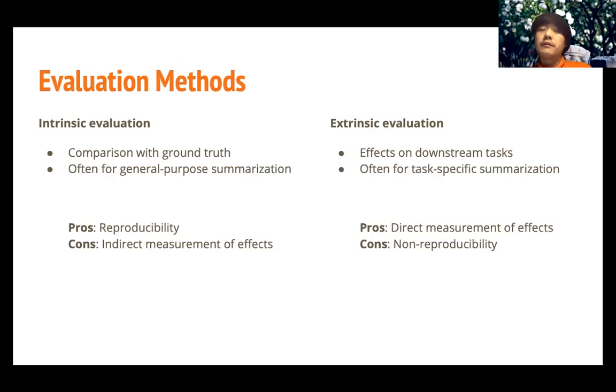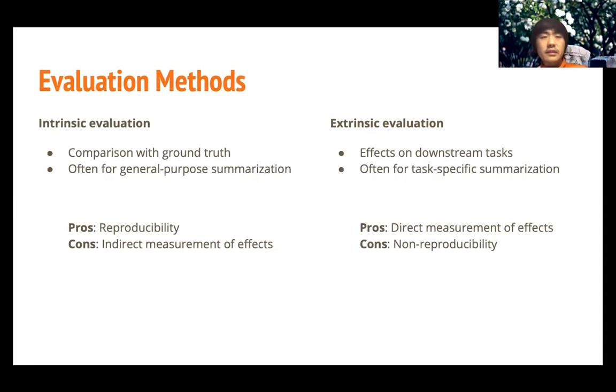So this kind of evaluation is usually for task-specific summarization. The good thing is that we can directly evaluate the effect of these summaries in this particular task. But the shortcoming is that the results are not easily reproducible because human users are involved.